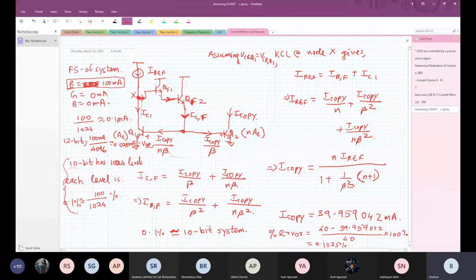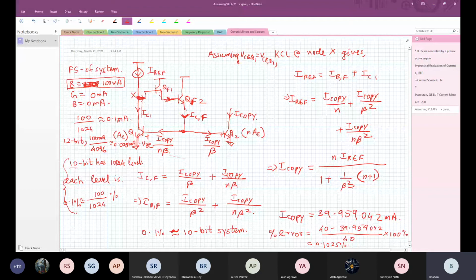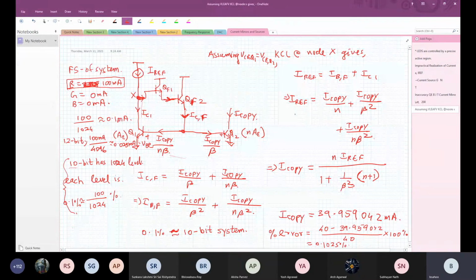But is there a free lunch in the world? Are we getting this for free, or is there a penalty that we are paying? What is the penalty? Let us look at the penalty.